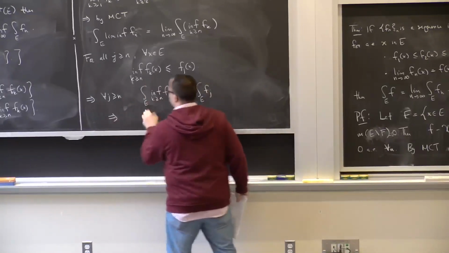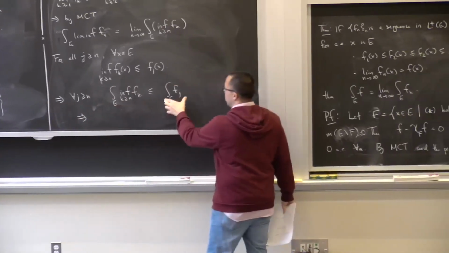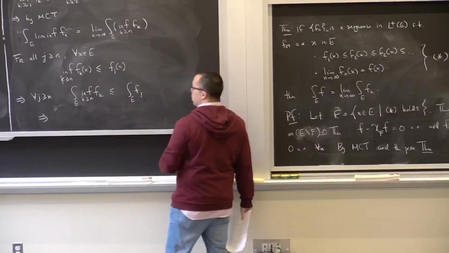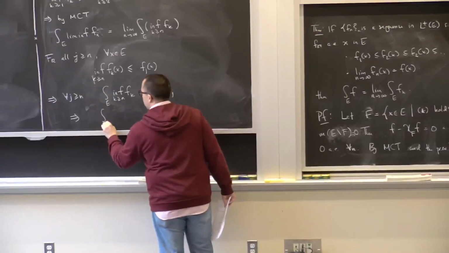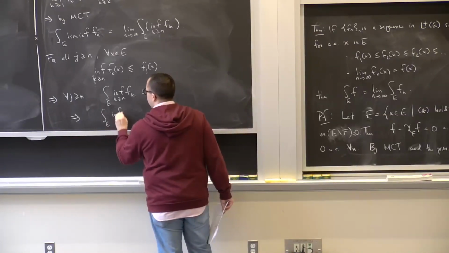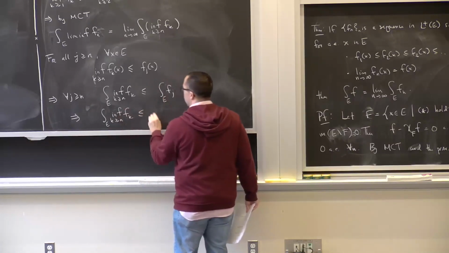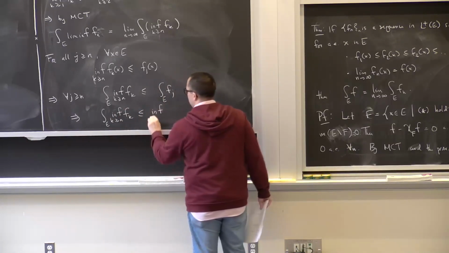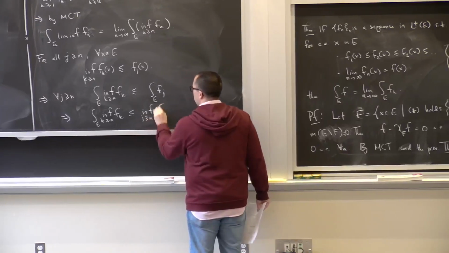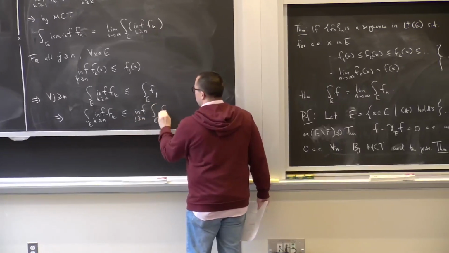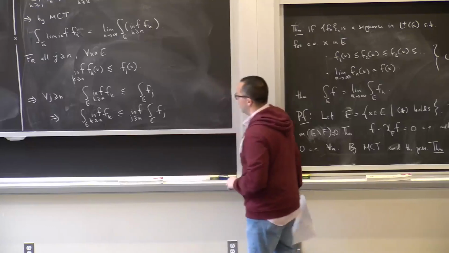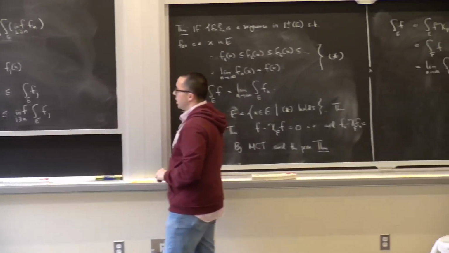So this thing has to be a lower bound for the set of all numbers of this form for j bigger than or equal to n. And therefore, the integral over E of the inf over k bigger than or equal to n of f_k is less than or equal to the inf over all j bigger than or equal to n of the integral of f_j over E.